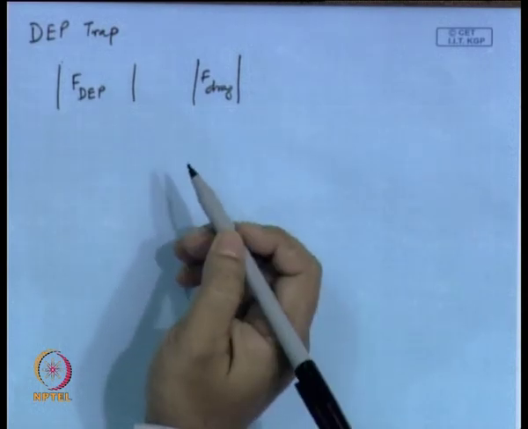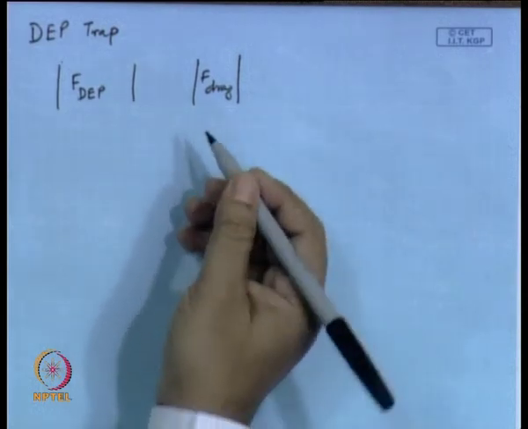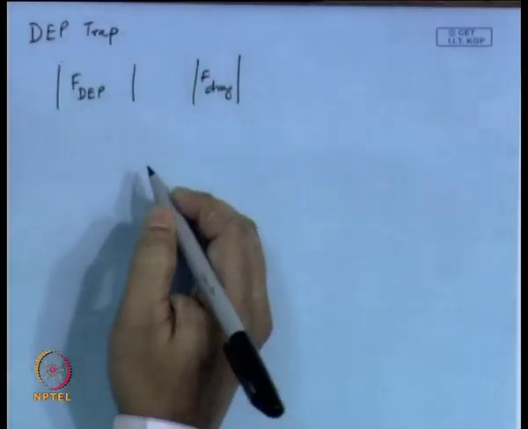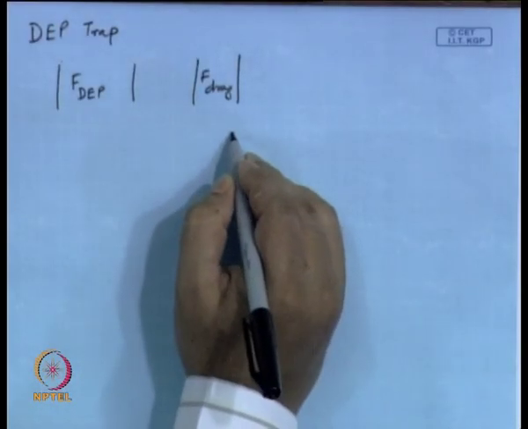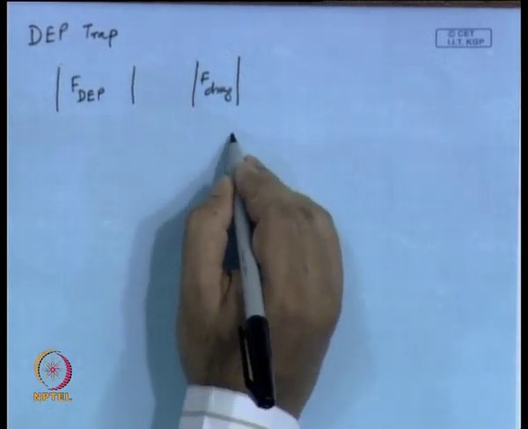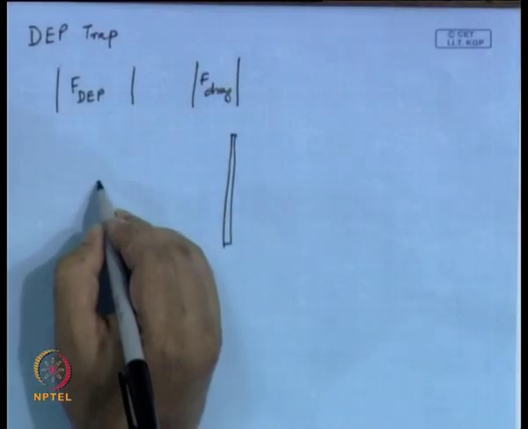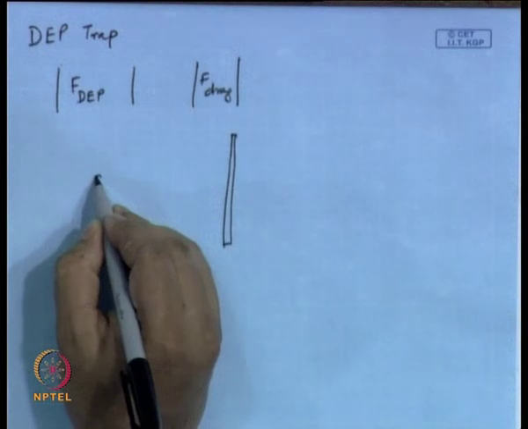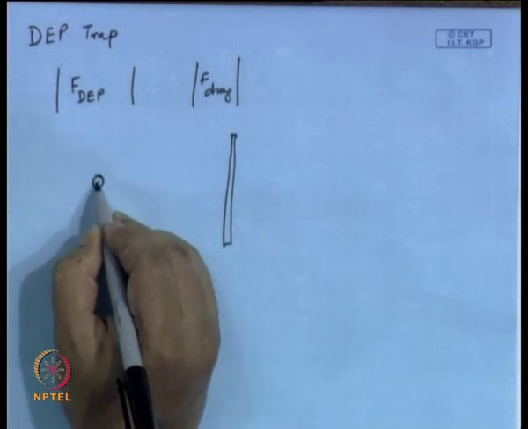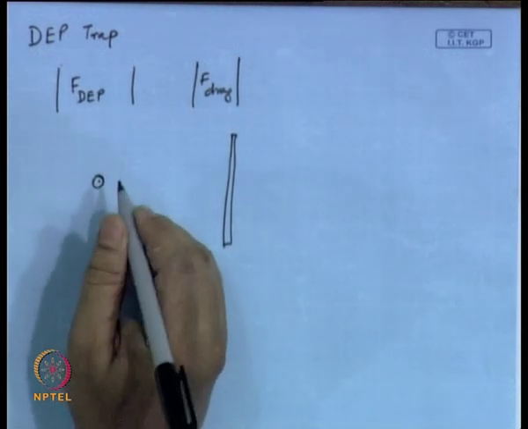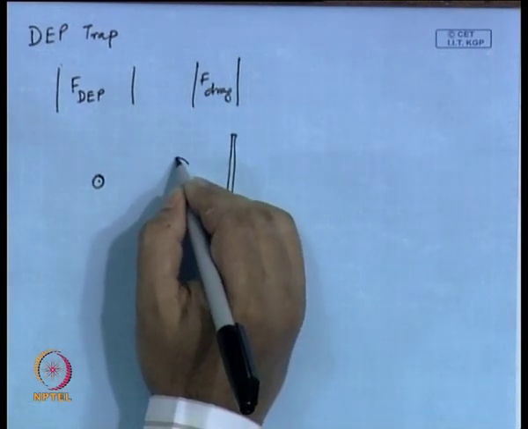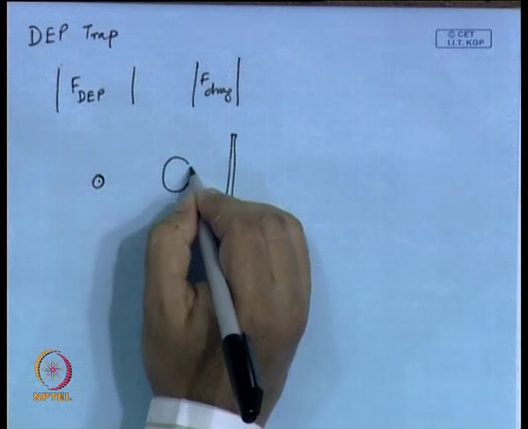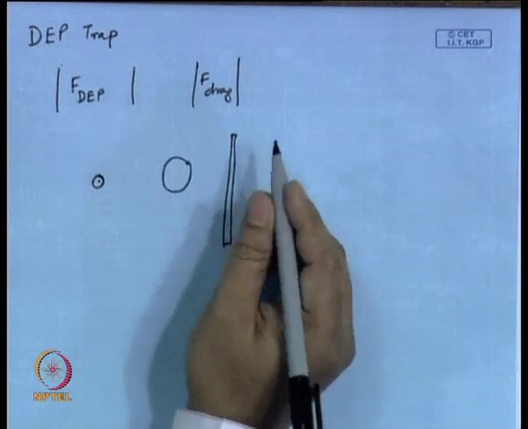And as a matter of fact, why are they getting trapped? Let me repeat once again that you have a non-uniform electric field, that means a planar electrode and a point electrode. We are simulating it by calling it a sphere, and we are saying that this is the dielectric particle. It could be a biological cell.